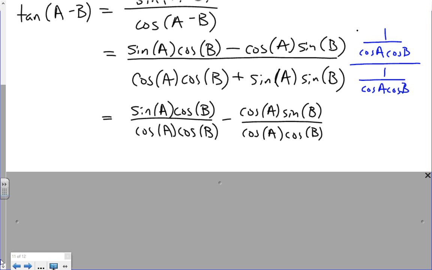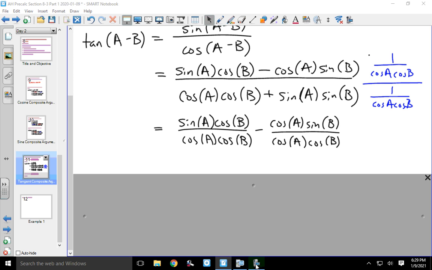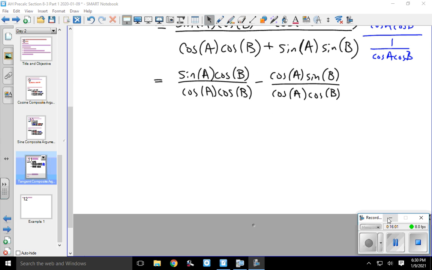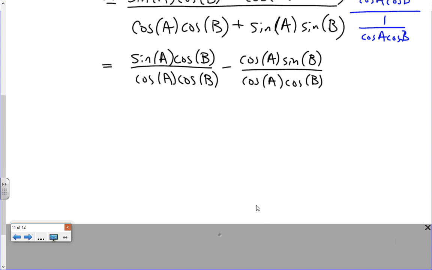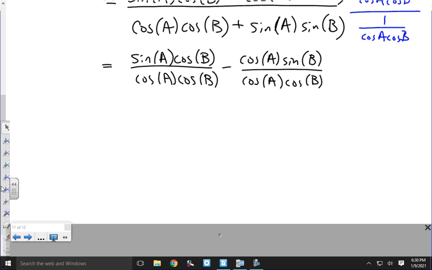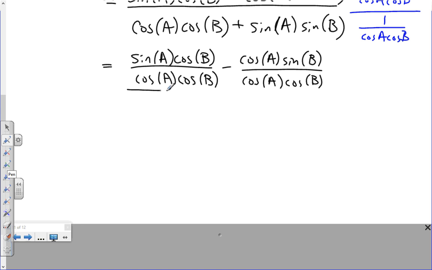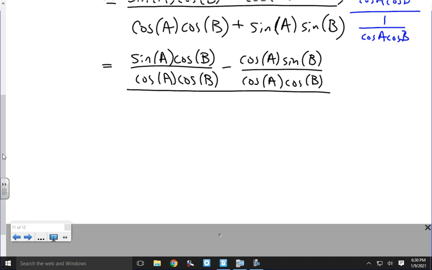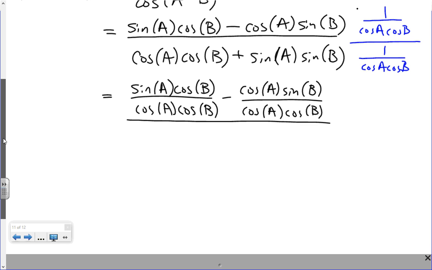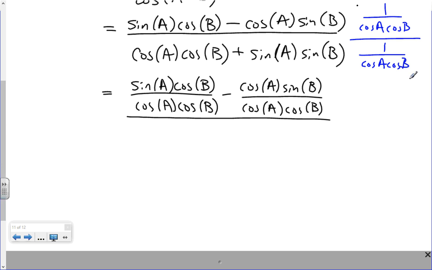Let me give myself a little bit more room here. All right. Got a little more room here to deal with, and now we've got to divide all this by the denominator. So in the denominator, I'm going to take, again, this 1 over cosine of A times cosine of B and multiply it by this.